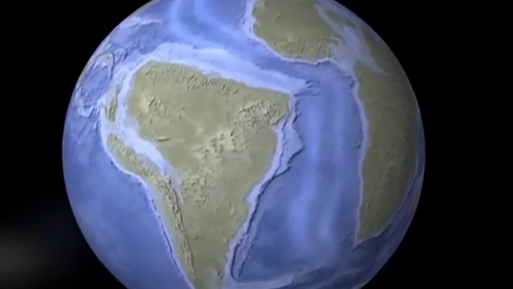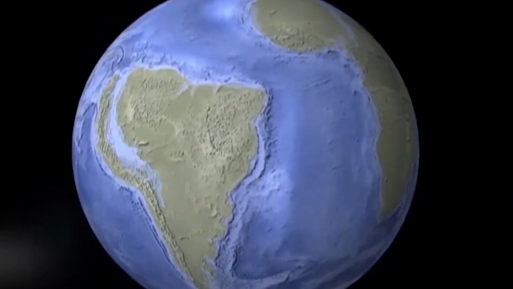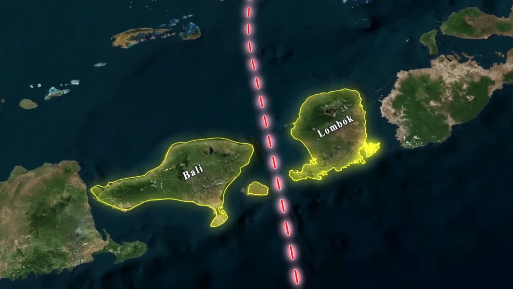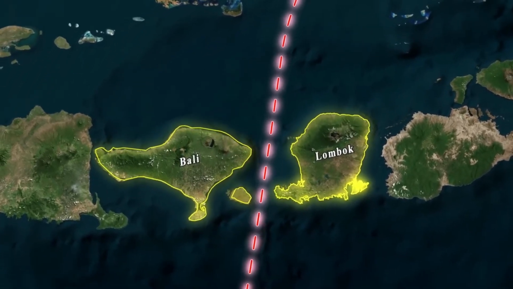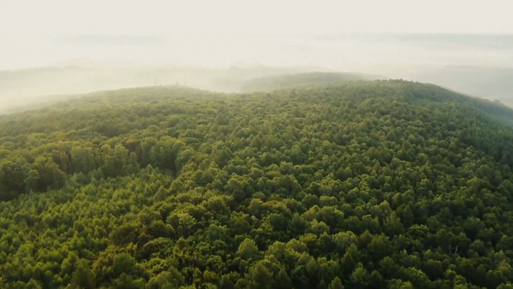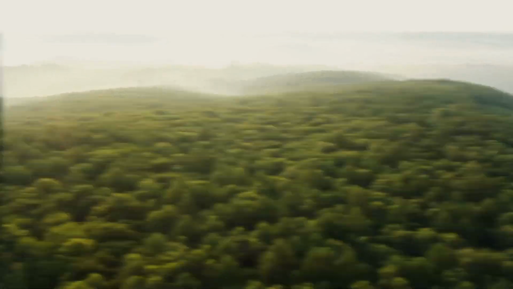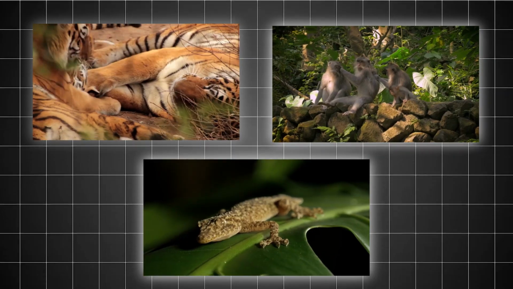Southeast Asia and Australasia were once separated by deep ocean channels, even when sea levels were lower. This barrier prevented species from crossing easily between the two regions, creating an isolated evolutionary path on each side. On the Asian side of the line, animals evolved in dense forests and jungles, leading to species adapted to these environments, like tigers, monkeys, and a wide variety of birds and reptiles.